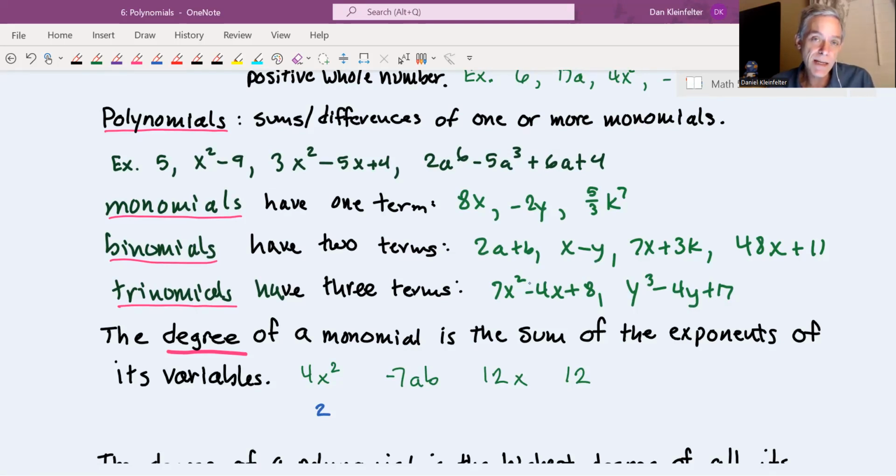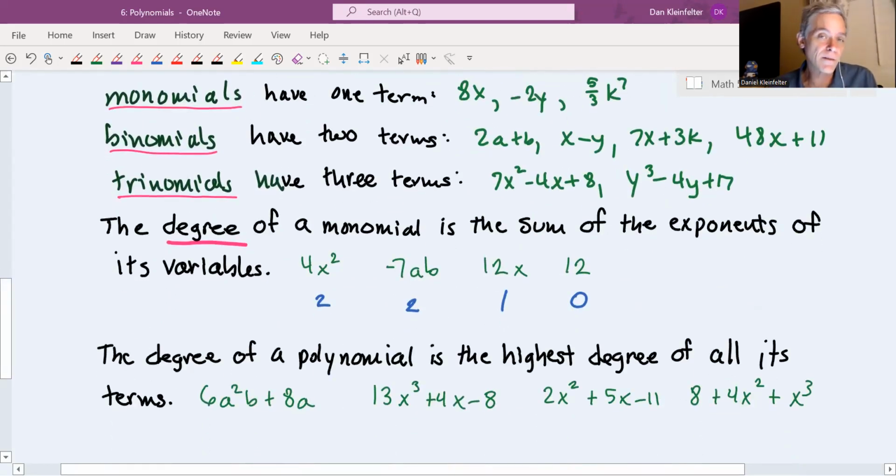Negative 7ab, a and b have an implicit exponent of 1, and there are 2 of them, so that would also be degree 2. 12x has degree 1. There's an implicit 1 on the x here. And then 12 has no variable at all. It's a constant, and so that would be degree 0. Constant terms have degree 0.